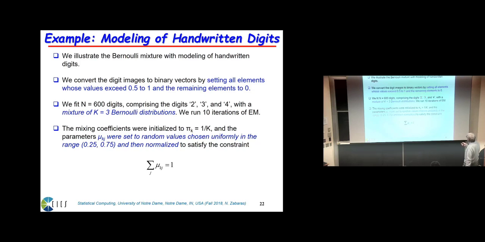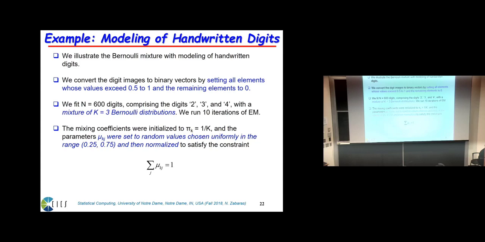So basically we have handwritten 2s, 3s, and 4s, and we're going to fix 3 clusters. If I ask each of you to write me 2, 3, and 4 with different variations, you would expect, with a mixture of 3 Bernoulli distributions, that maybe one will have a center at 2, another at 3, and another at 4, right? It makes sense. So let's see what happens.